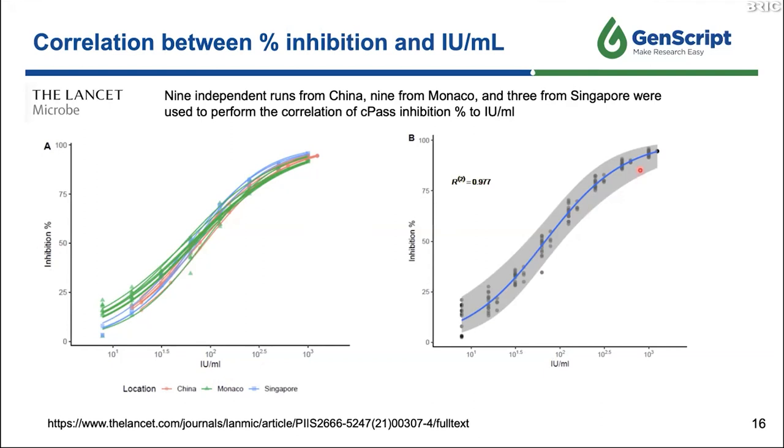This is the curve of all the data, and we are able to establish a mathematical model that allows the direct conversion of cPass percentage inhibition to IU per ml with an R-squared value of 0.977. This method has been published in the Lancet Microbe, which is available for you to download.